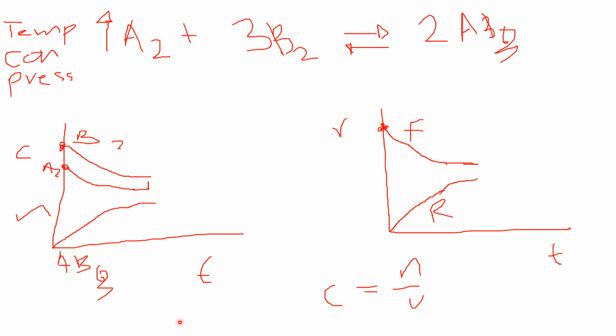So if you increase the concentration of A, the forward reaction will be favored, because the forward reaction opposes that increase in concentration: the concentrations of A and B will be decreased.